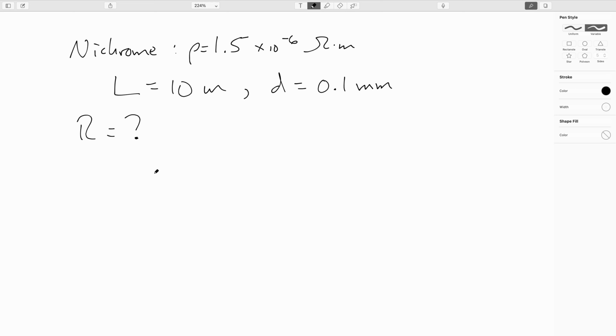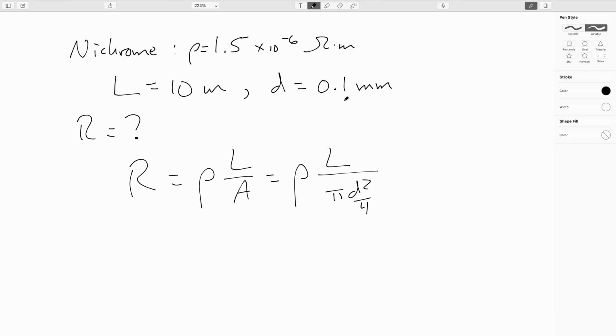Okay, so the resistance is going to be the resistivity times the length over the cross-sectional area. So this will be the length over the area, which is pi d squared over 4. Or if you want, you can divide this by 2 and use pi r squared. I don't really care. So this is going to be 4 rho L over pi d squared.